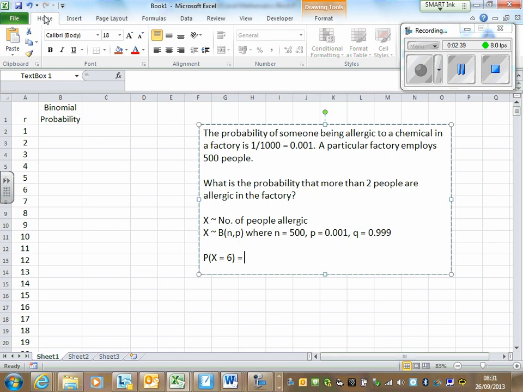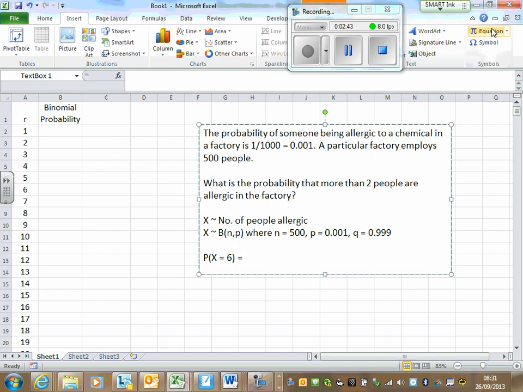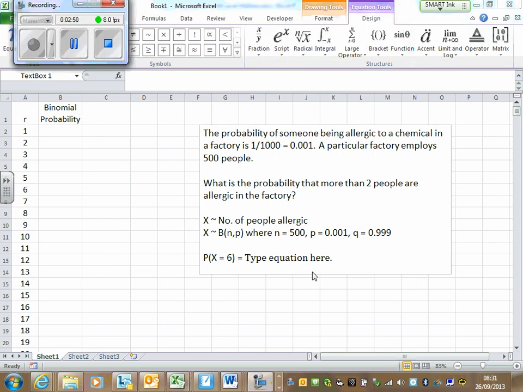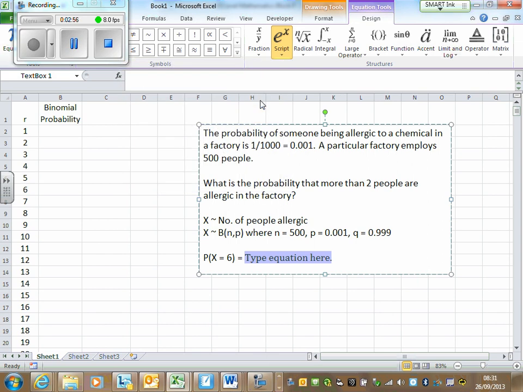We'd have to use, let's see if I can do this, I think I can put equations in. We'd have to use the binomial probabilities. If I put in the probability that x is equal to 6, I'm going to need a script there.